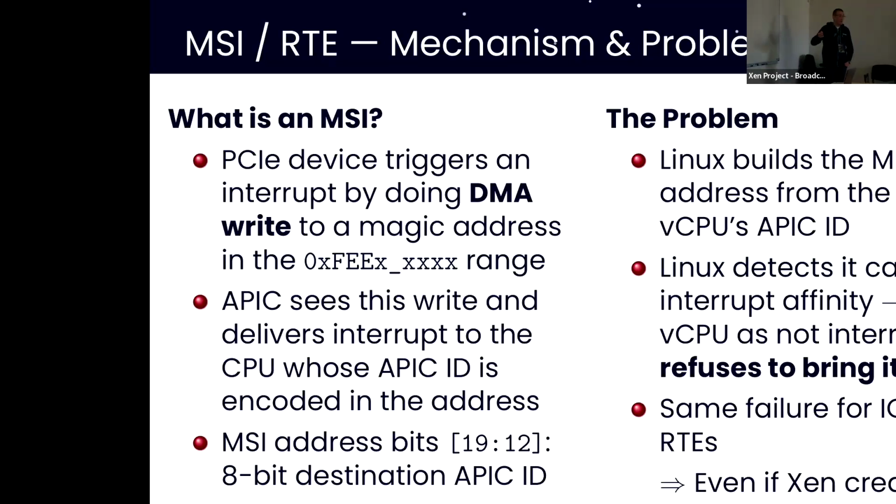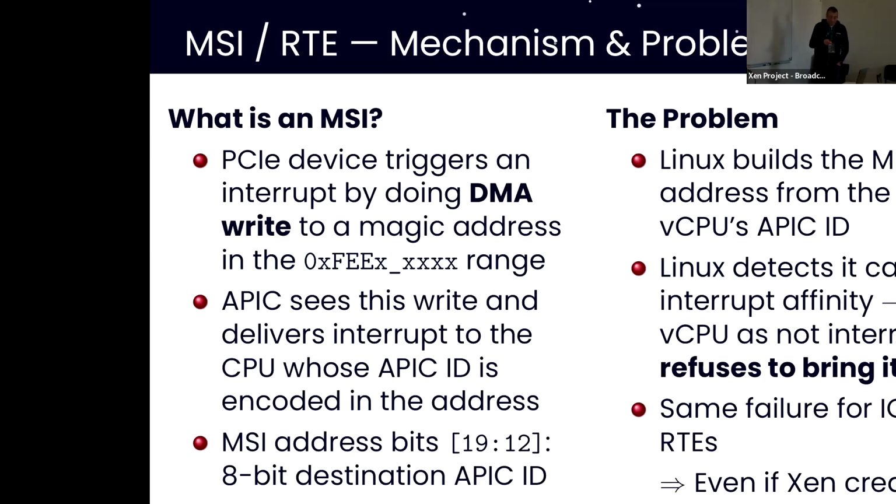They write into this range, and then the interrupt hardware sees this write and decodes bits from this lower region in order to know to which core to send the MSI. And again, in this address, there are bits 12 to 19 to give the ID to which to send this MSI. And again, this ID is 8-bit.